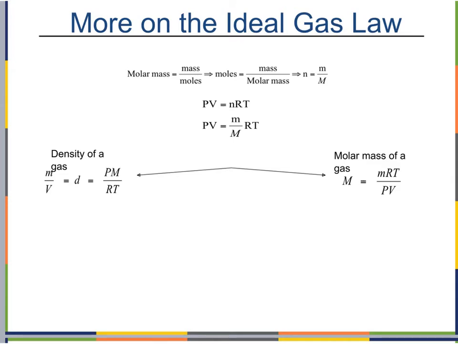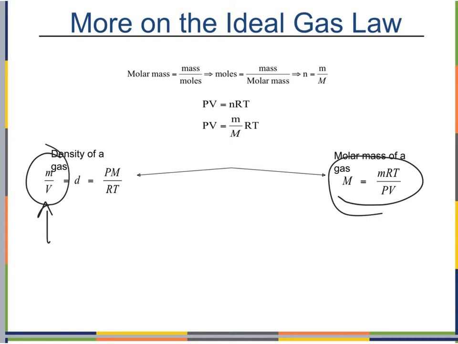We can relate density through the ideal gas law, and we can do that using molar mass. So if you look at density, it's mass per unit volume, right? If we plug into the ideal gas law and get this isolated, we can go from density to using the molar mass inside of this formula, right here.